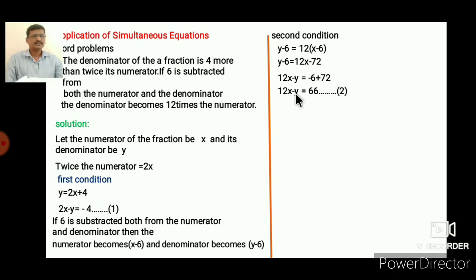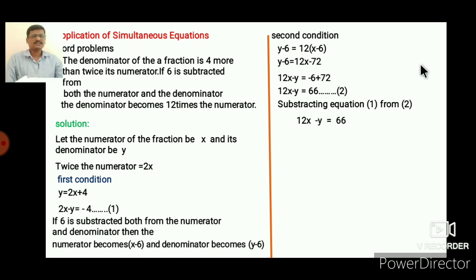If the equal coefficients of the variable have the same sign, then subtraction takes place. In these two equations, the y variable has the same sign, therefore here subtraction will take place. Therefore, subtracting equation first from equation second, 12x minus y is equal to 66.